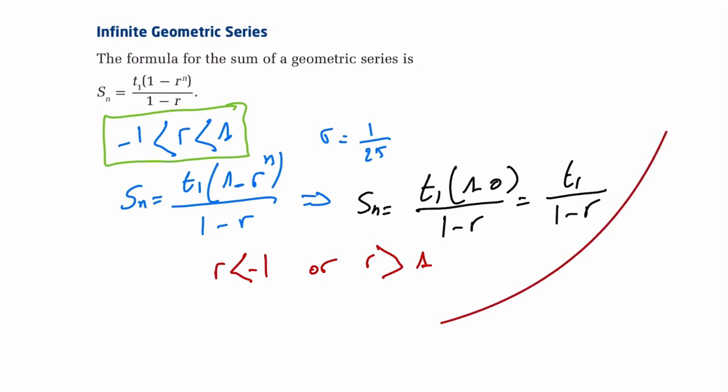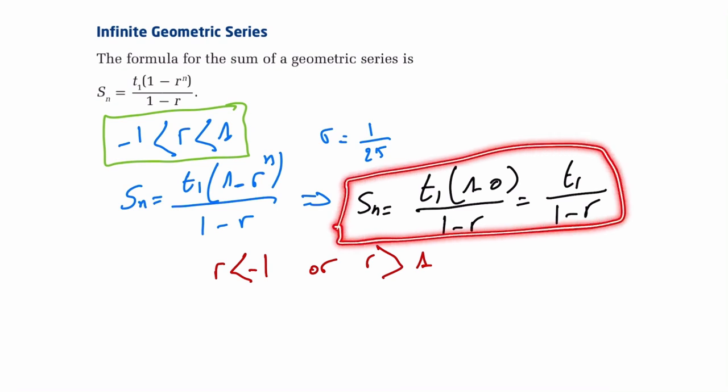As I keep adding elements, the series diverges to a very big number, so we cannot find the sum, and we just say that the series diverges. And when I am able to find the limit or the sum of my infinite geometric series, we say the series converges to a finite number.